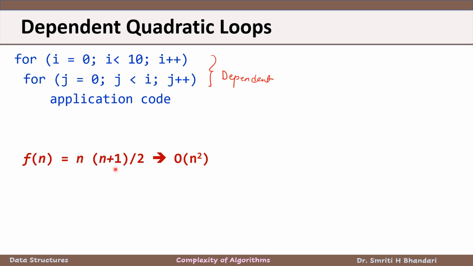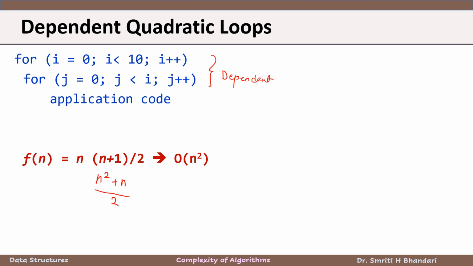Now in general we need to compare this number of operations with some standard form. If we consider n into n plus 1 by 2, then this becomes n square plus n divided by 2.